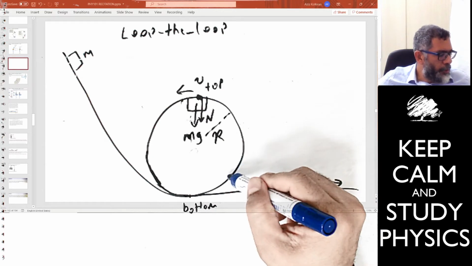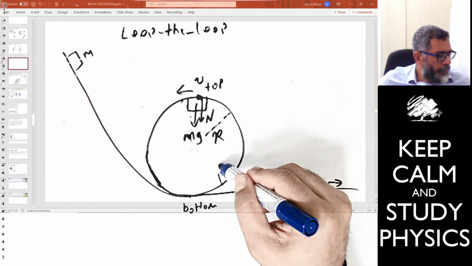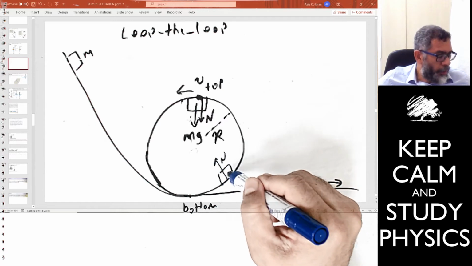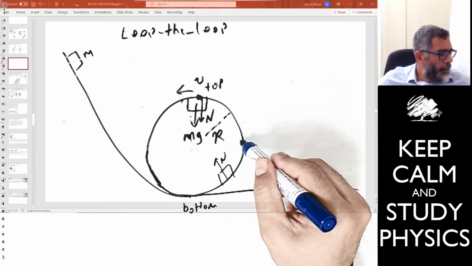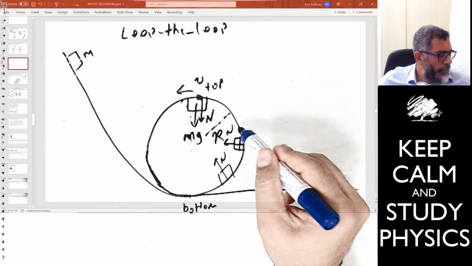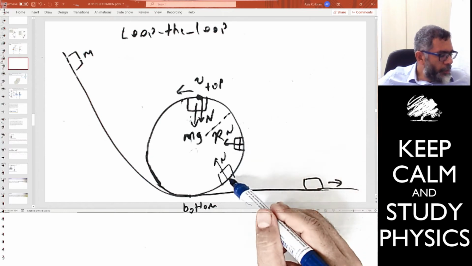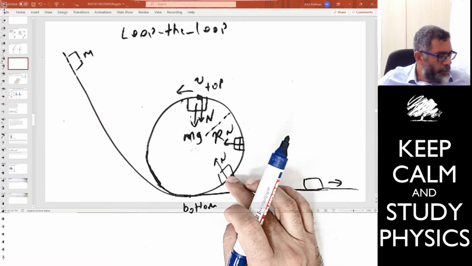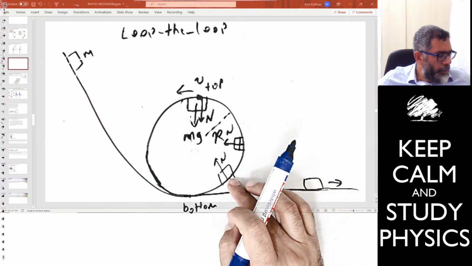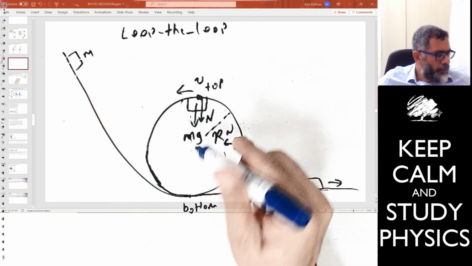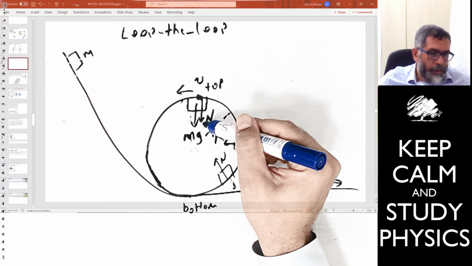For example, at this point, the normal force on the object is in this direction, and at this point, in this direction. The normal force acting on the road would be in the reverse direction, but we are thinking about the object, so we should take the normal force in the downward direction.